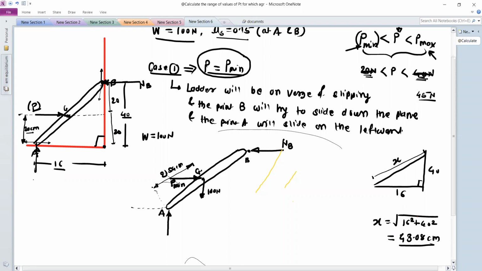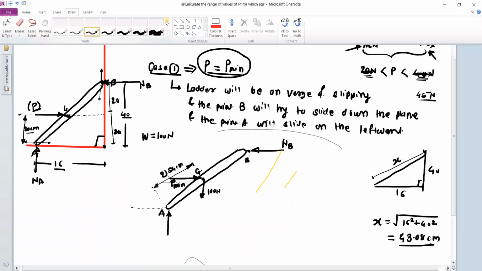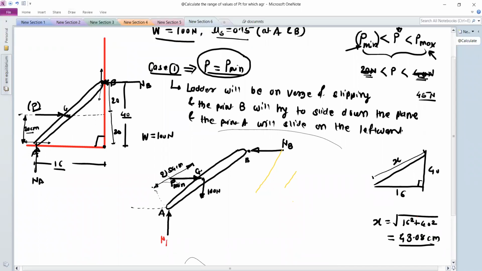So this is the reaction NA. Now consider the impending motion. At the minimum value of the force P, the tendency of the ladder will be to slide down. So point B has impending motion in the downward direction, and point A has impending motion on the left side.